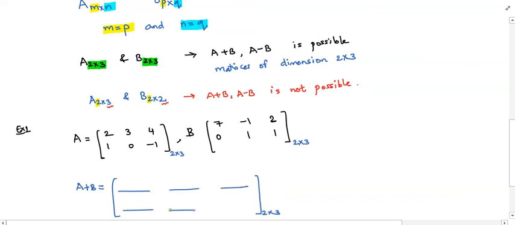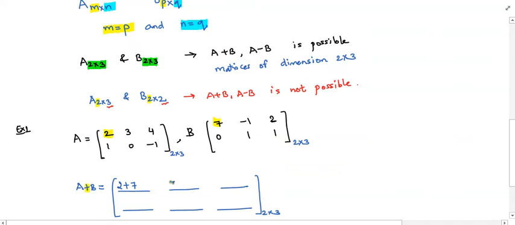Now, how do we find the elements? Each element will be the addition of the elements at the same place, as we are finding the sum. We take the element from each position: 2, with plus in between, 7. We will do element-wise addition.